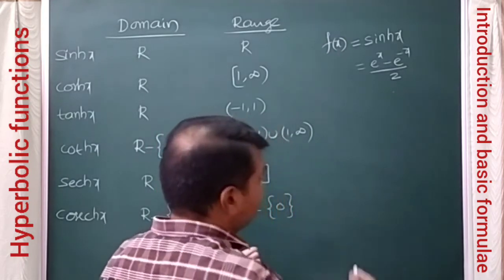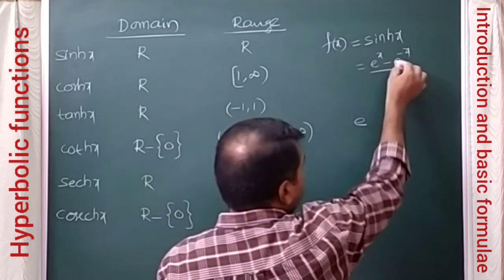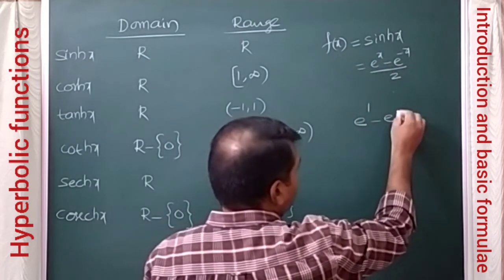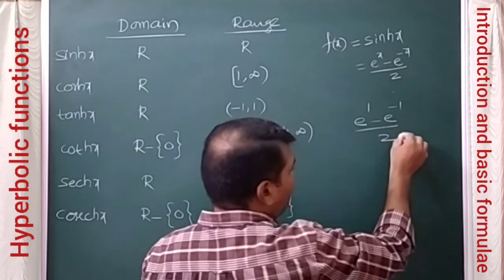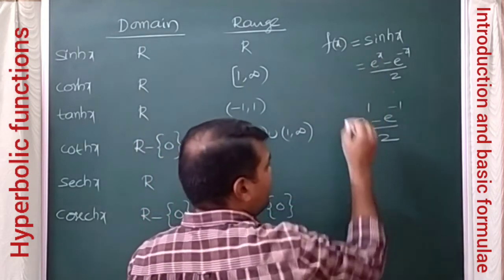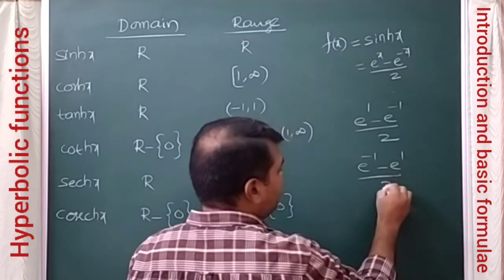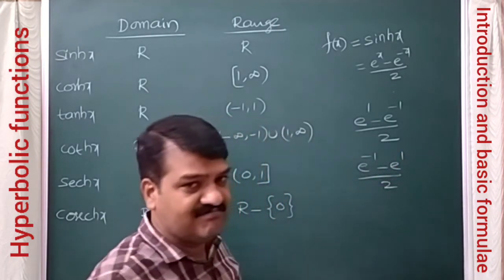Output values. Here you can clearly see that, for example, if I take x as 1, this is clearly a positive value. If you take x as minus 1 here, you will get a value like this, which is clearly a negative value.